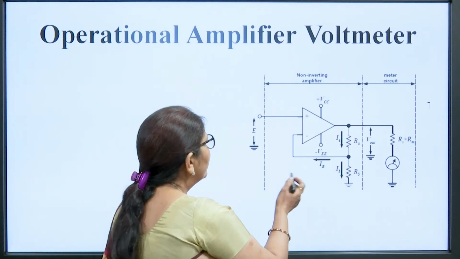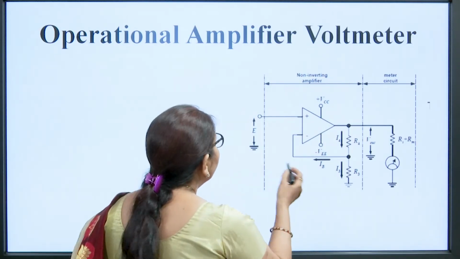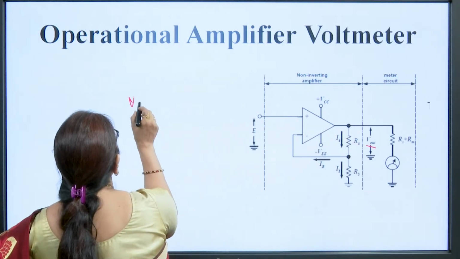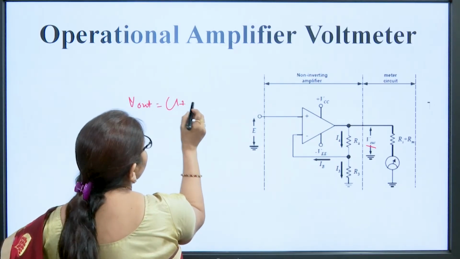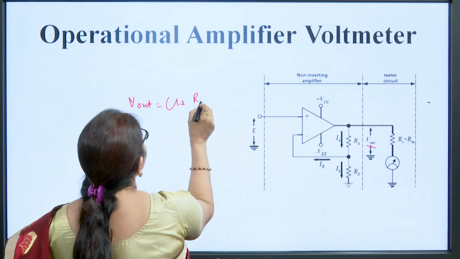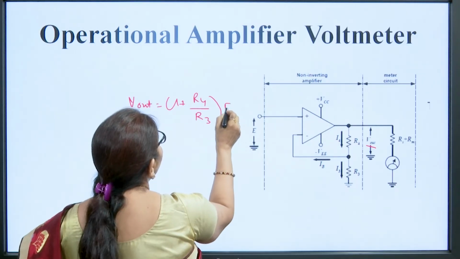Here, as we know, this op amp is used as an amplifier, and the output of this amplifier, V out, is equal to 1 plus the feedback resistance R4 by R3, into the input voltage.